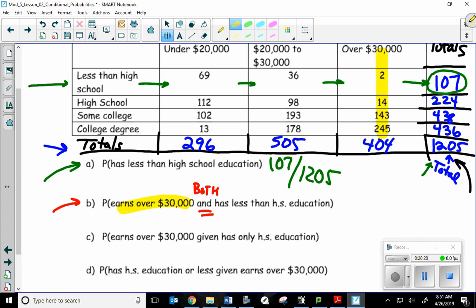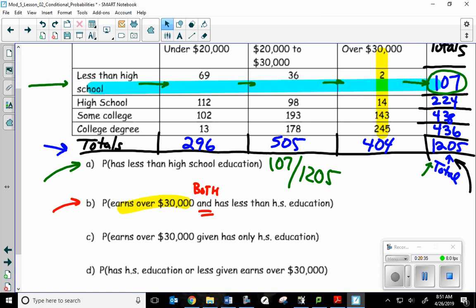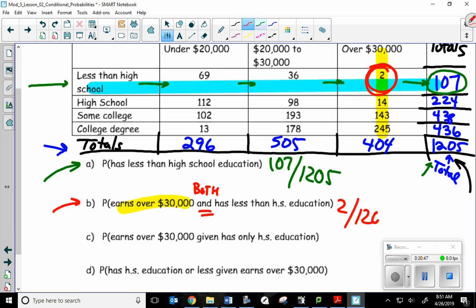Less than a high school education is this row right here. So, which earns over and has less? Only 2 people did both. That is 2 out of my 1,205. Slim pickings.